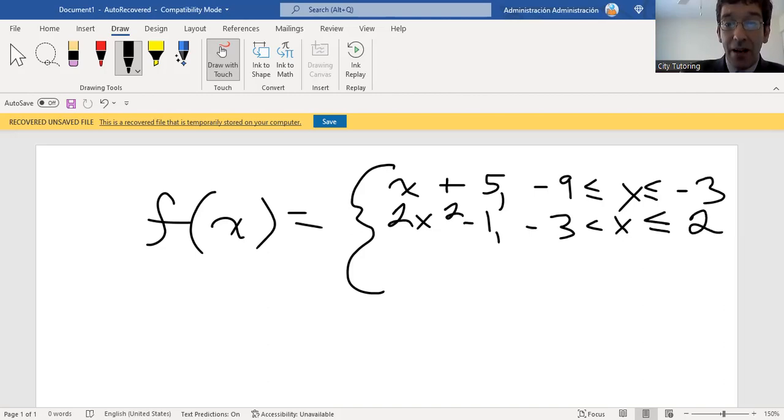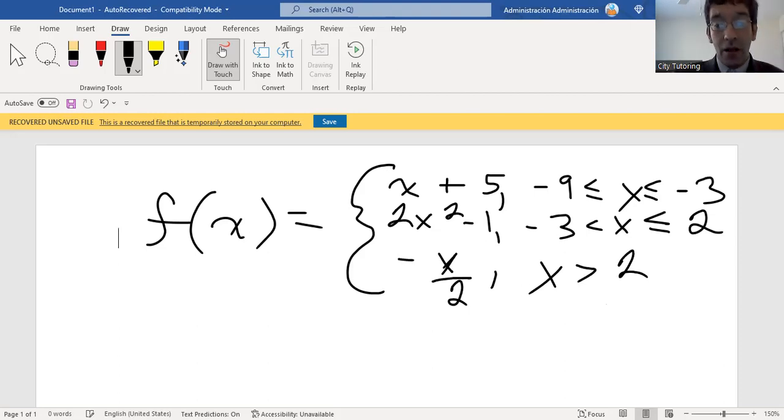And we can add -x over 2. The constraint will be if x is greater than 2. All right, so the problem here is let's find the domain and the range of f.